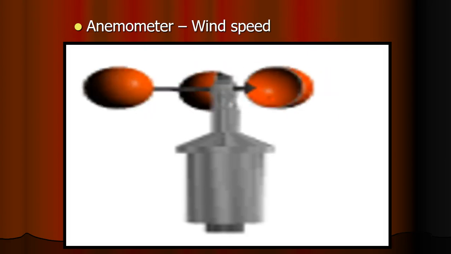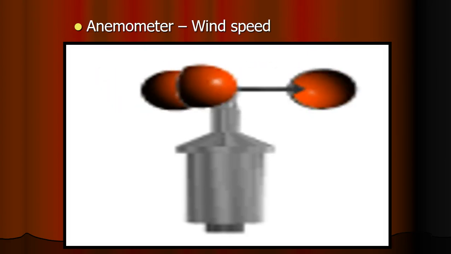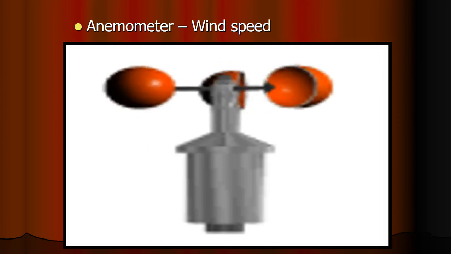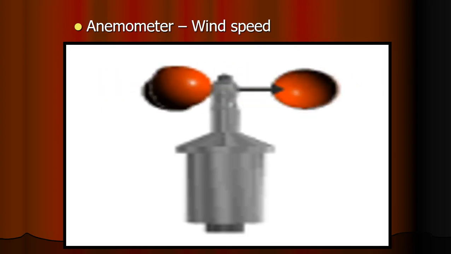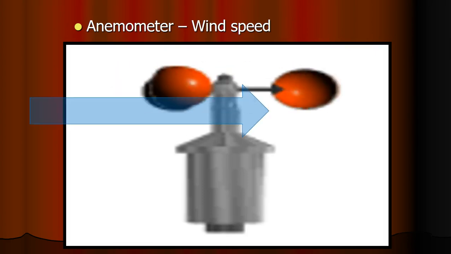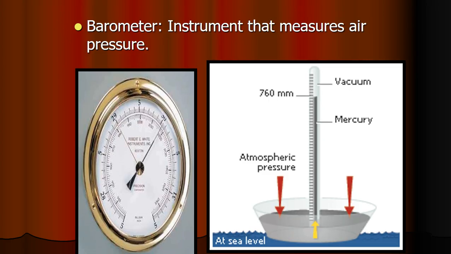The next one is an anemometer. An anemometer, in addition to just being a fun word to say, also measures wind speed. It doesn't tell you the direction, just the speed. The next one is a barometer.